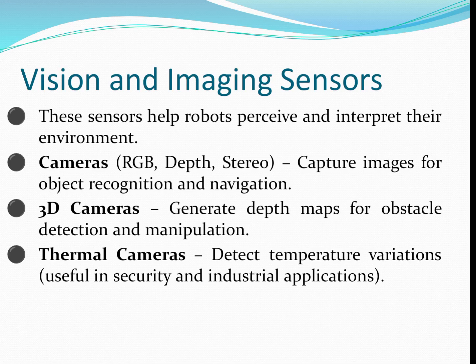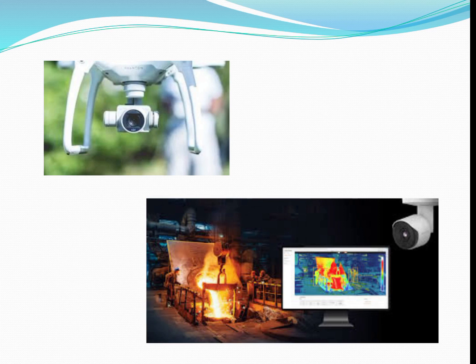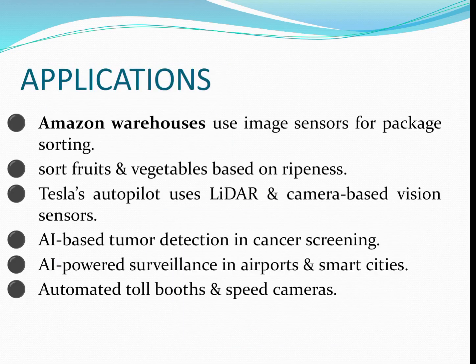Cameras capture images for object recognition and navigation. 3D cameras generate depth maps for obstacle detection and manipulation. Thermal cameras detect thermal variations, useful in security and industrial applications. These are the different types of sensors used. The second one shows the thermal sensor to detect the temperature level.